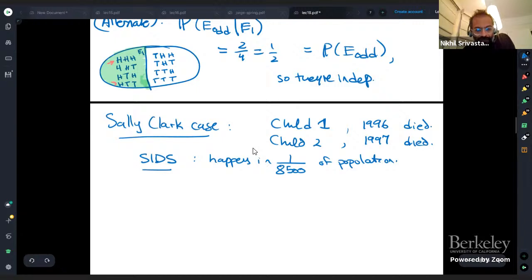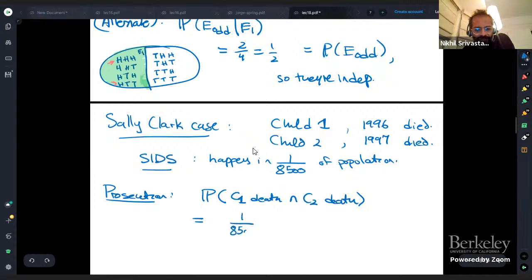Now what happened to this woman was the prosecution made the case that the probability of 2 children dying should be 1/8,500, the probability of the first child dying, times the probability of the second child dying, which is 1 in 73 million.